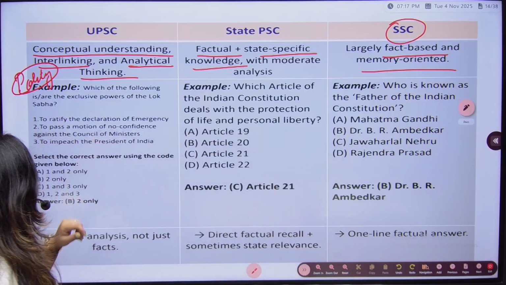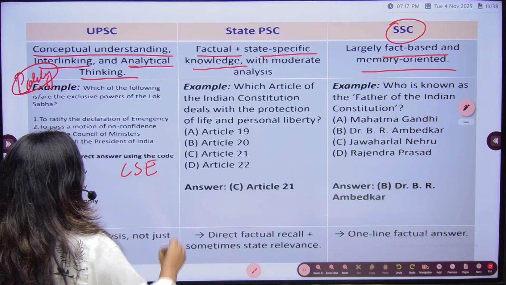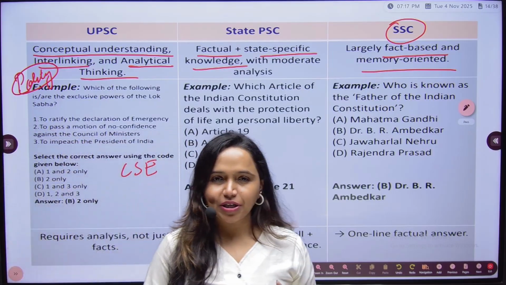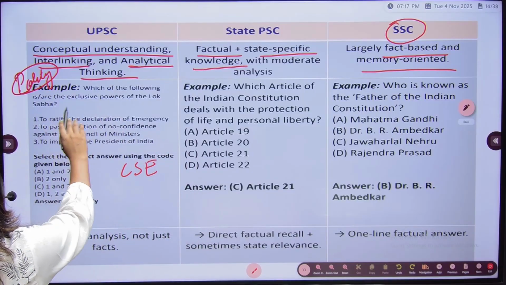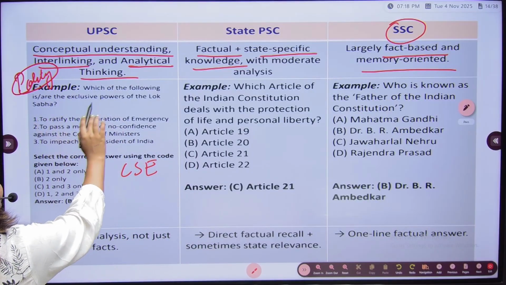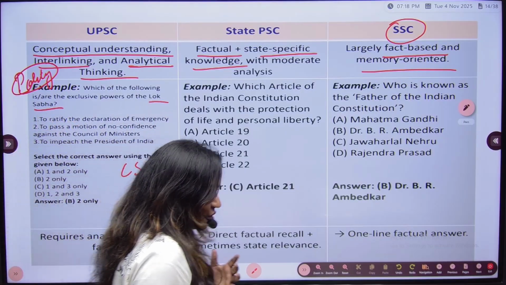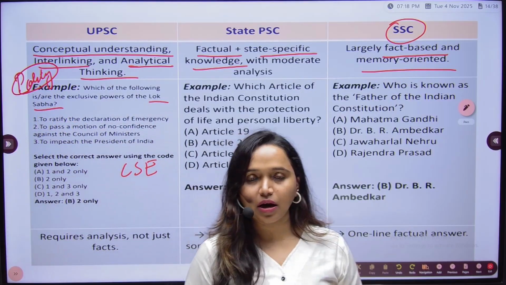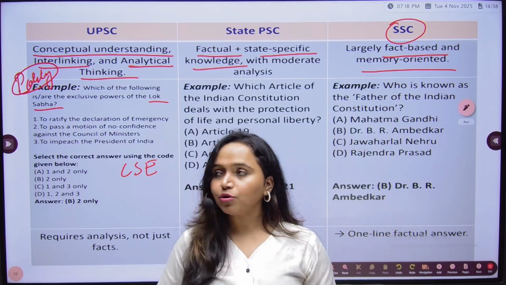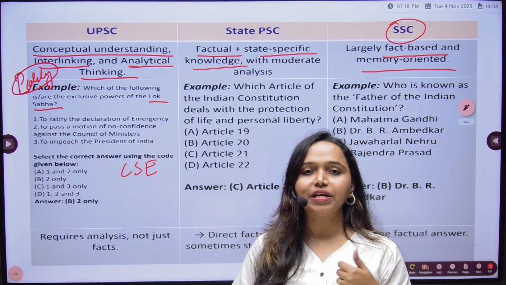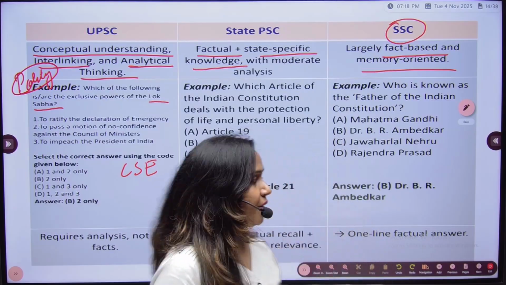So this is a question which came in the civil services exam, most probably in 2020 or 2021, which asks which of the following is or are the exclusive powers of Lok Sabha. You will be able to solve this question only when you have an analytical understanding of the different dimensions of Parliament.